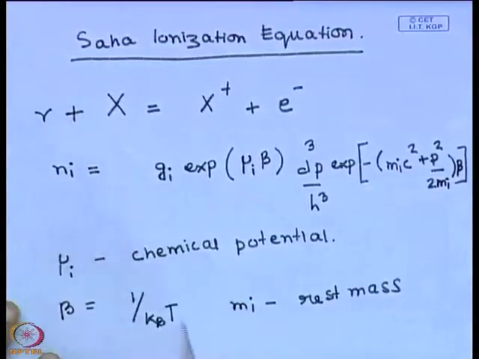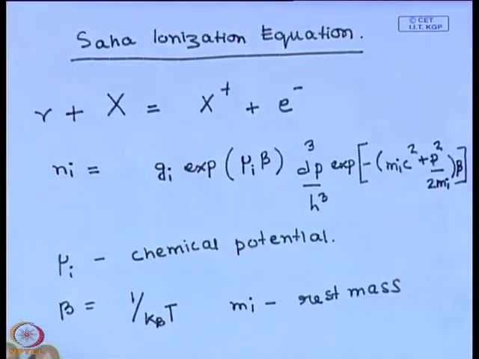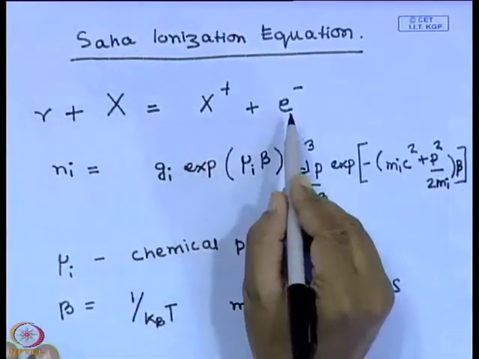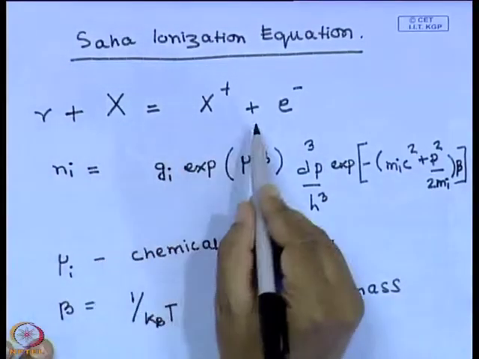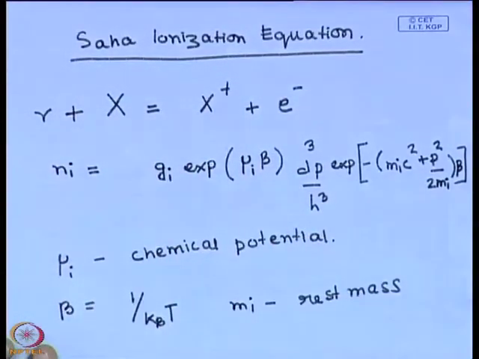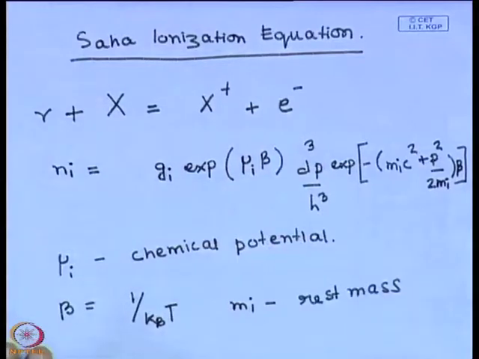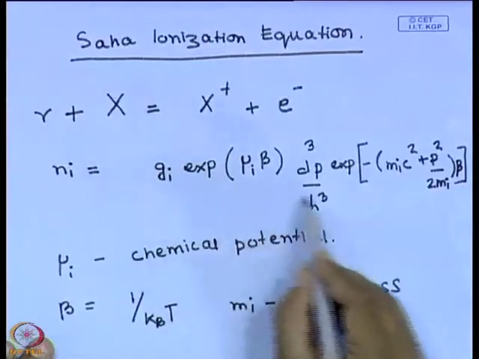Okay, so let me remind you what we are interested in. So, we have this atom X, which is in thermal equilibrium at a temperature T with its ion and an electron, right. This is a possible reaction. So, at a temperature T, all these things will be in thermal equilibrium, and provided the temperature is sufficiently high, the number density of any of these species is given by the Maxwell-Boltzmann distribution, and the number density is given by this expression.